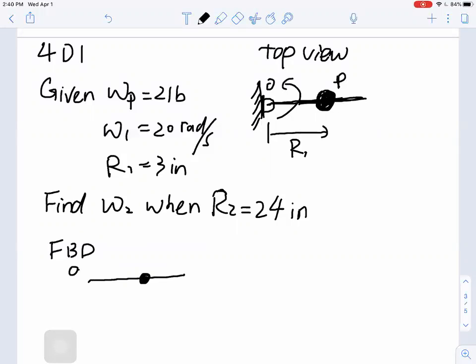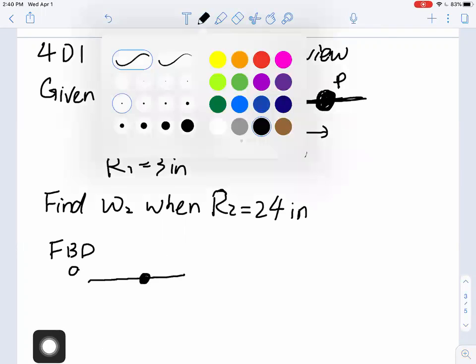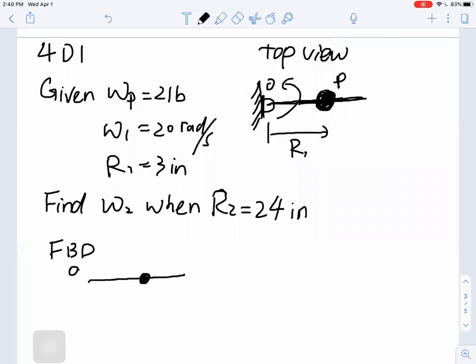If you look at this system, what are the forces? Since this is a top view, we're looking from top down, there will be no gravitational force and normal force, right? But point O is fixed there, and from what you learned in statics, even though we're in dynamics, there's some reaction force there.